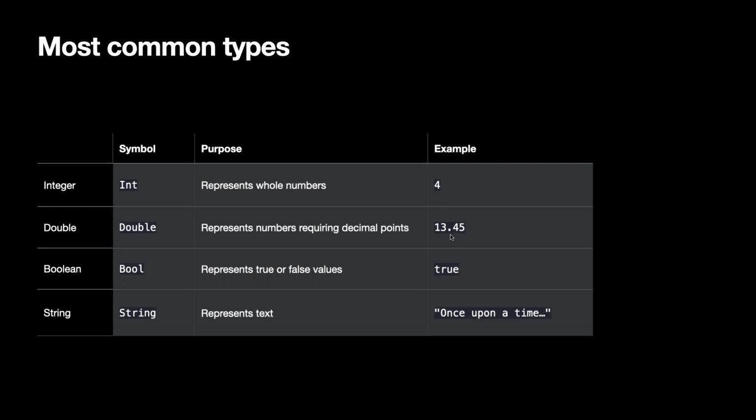Double allows you to store decimals, if you want to store decimal points. Boolean is mainly true or false. It's like a flag: something is true or false, only those two values. And at the end, you have a string. Those are the common variables that we use quite a bit, and in most cases this is more than enough.